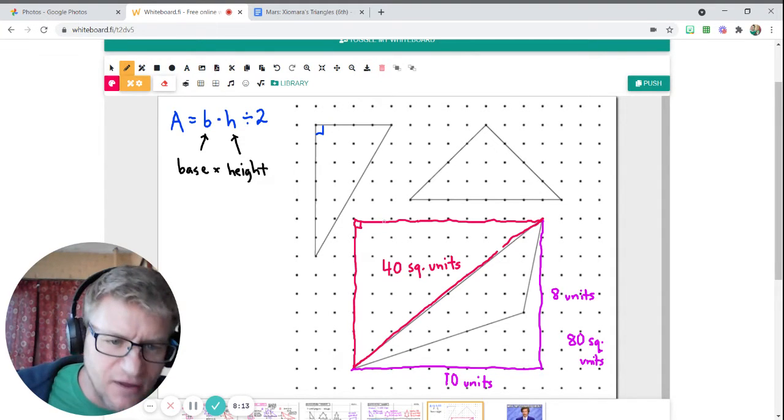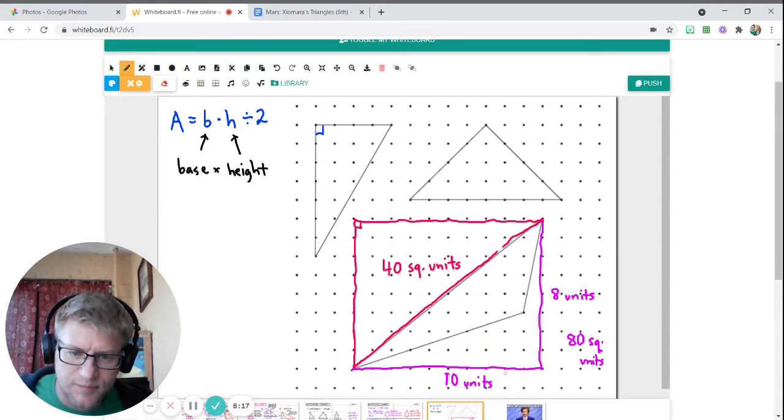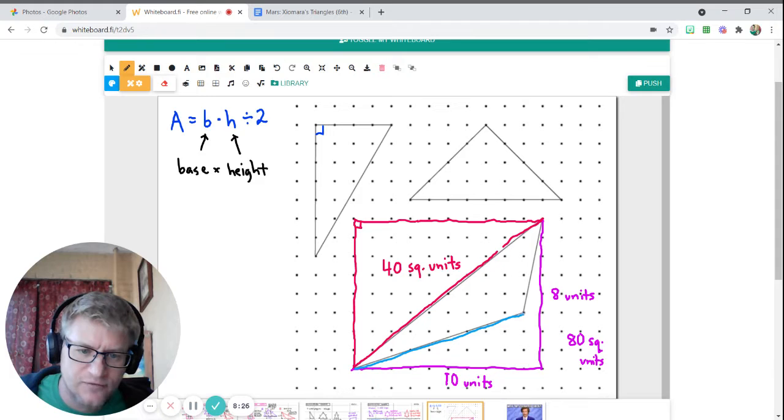Now, can I find any other right triangles that I can draw? So we're going to change another color. Let's go to this blue. And let's draw this line right here. Now, I want to make right triangles. So what if I draw that one? What are the dimensions of this right triangle?